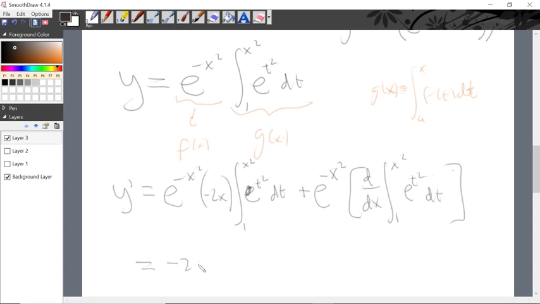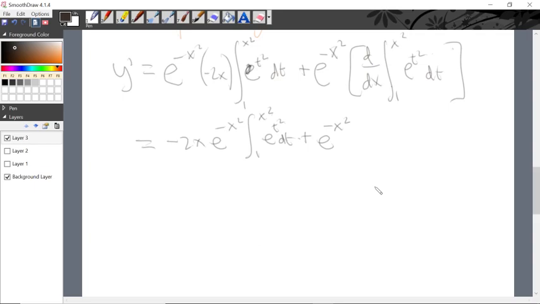Okay, so we have what? Negative 2x e to the negative x squared, integral 1 to x squared of e to the t squared dt, plus e to the negative x squared, and the derivative of this by the fundamental theorem of calculus part 1, the derivative of this integral here, can be found by plugging the upper bound in to the integrand.